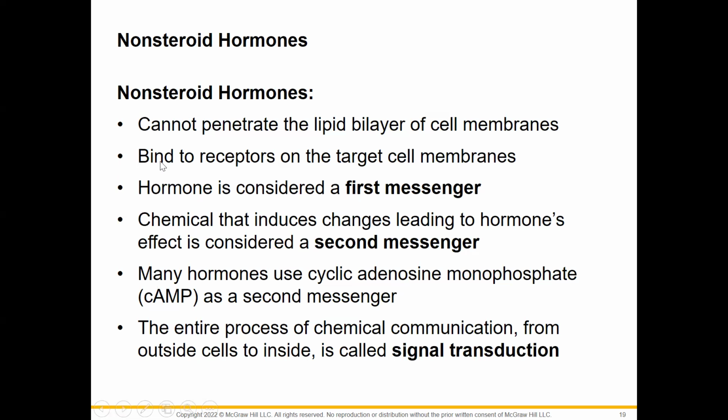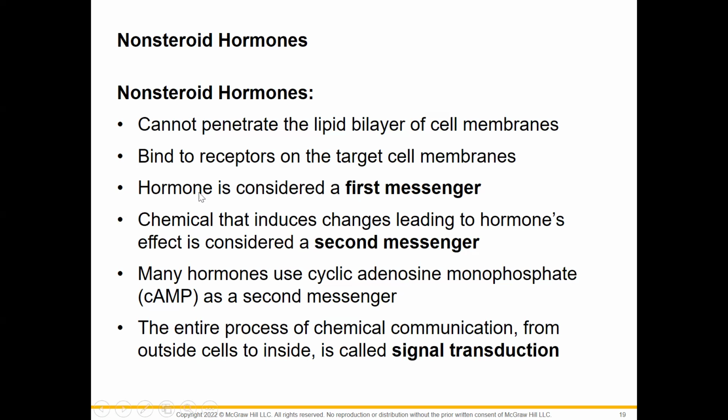In this case, the hormone is considered the first messenger. The hormone wants to tell the cell to do something. We need a relay team of messengers in order to get that message inside the cell because the hormone cannot get into the cell because of the lipid bilayer. So it is considered the first messenger.